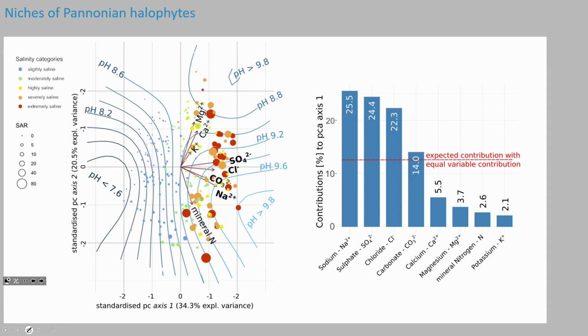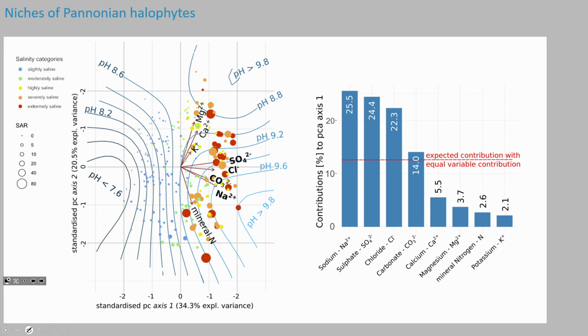The same colors are used as in the map before. So blue is again a low salinity, and towards the right side of the first axis we have higher saline plots. I also plotted the SAR, only post hoc because it was again correlated, and I used the size of the dots for it. So small sizes means we have a low SAR, and larger sized dots means we have a high SAR.